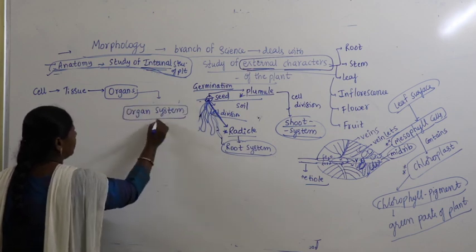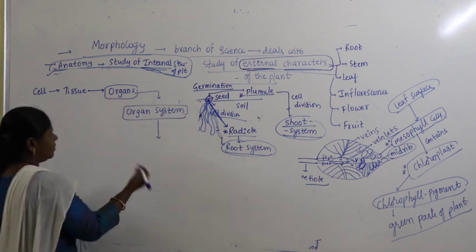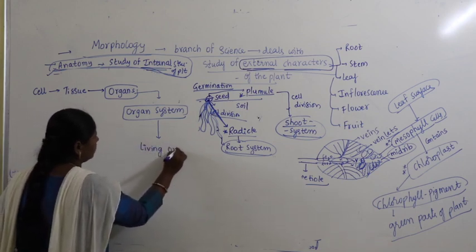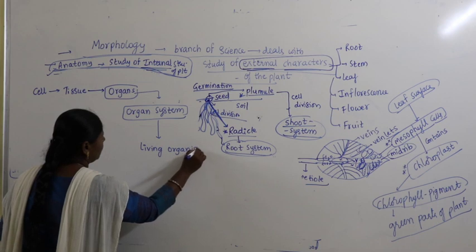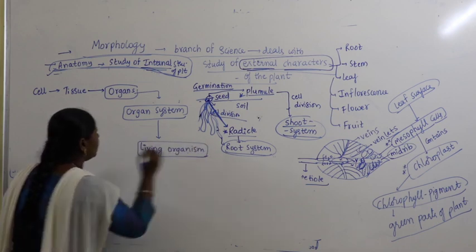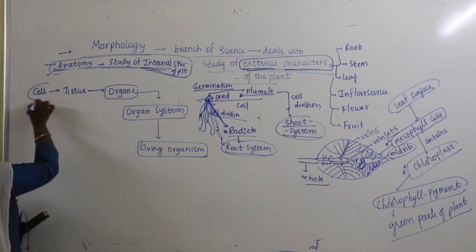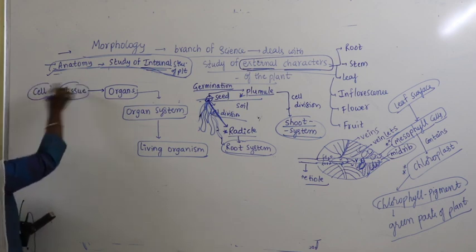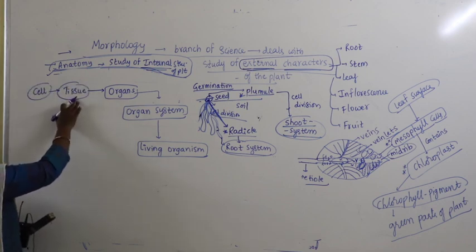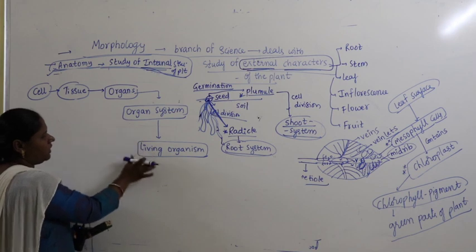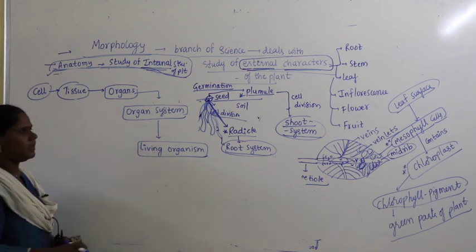Organ systems join together and lead to the formation of a living organism. So, cells form tissue, tissues join together and form organs, all organs join together to form the organ system, and finally it leads to the living organism.